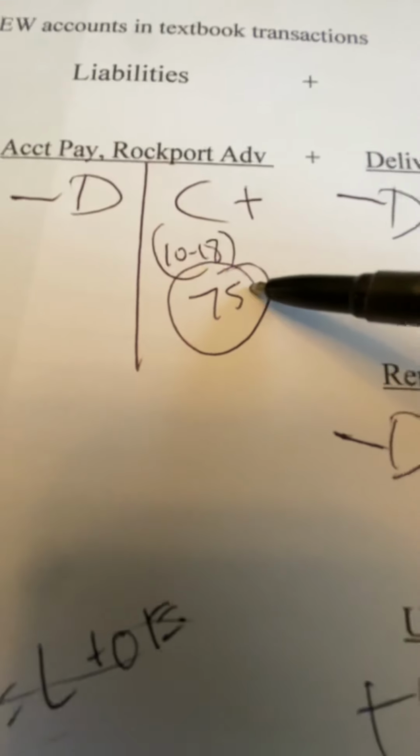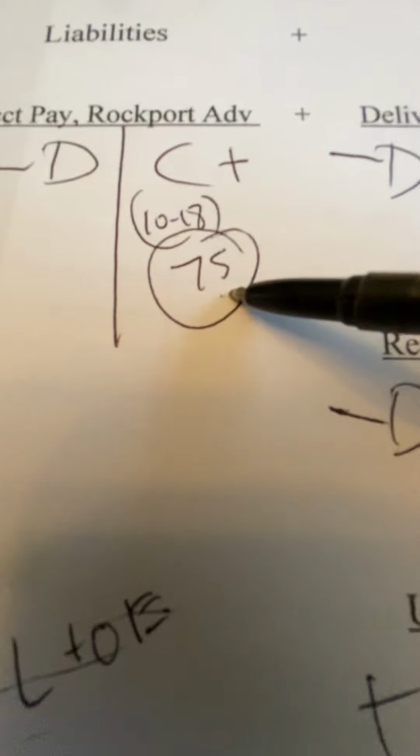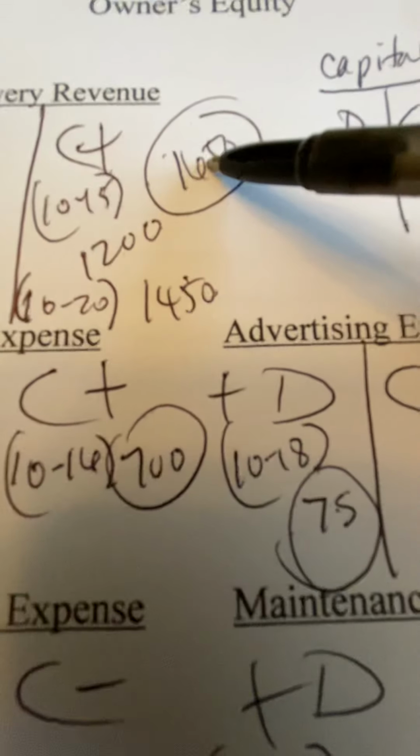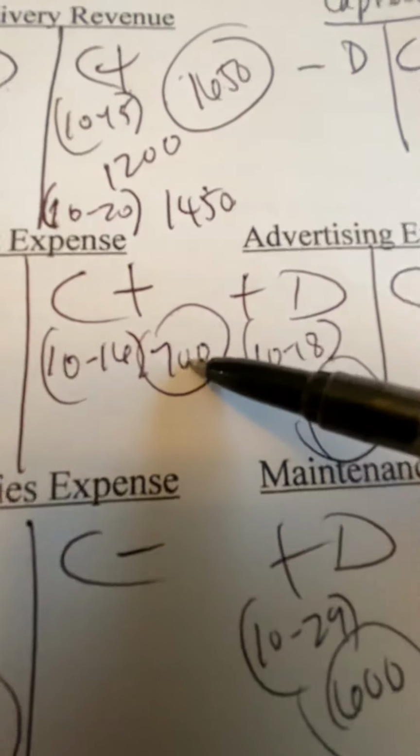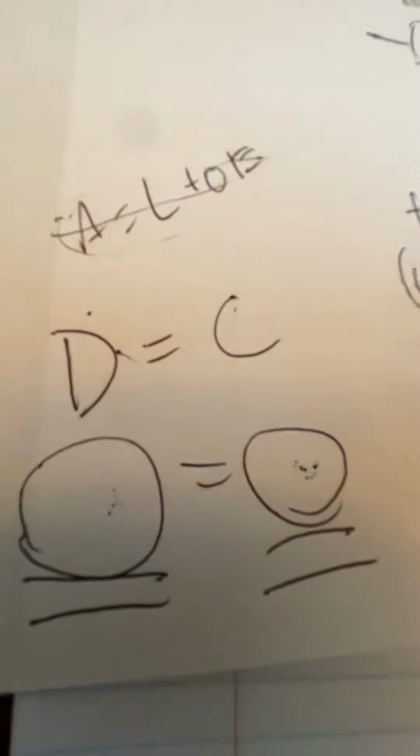And so then to find the credit balances, I'm going to do the exact same thing. All the credit balances that are circled on the credit side, I'm going to add together. So there's a 75, there's a 1650, there's a 700. Looks like that's it. And so we're going to add it up on the credit side.